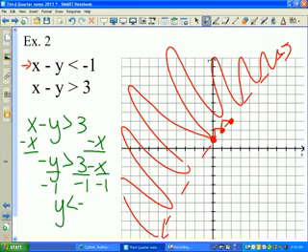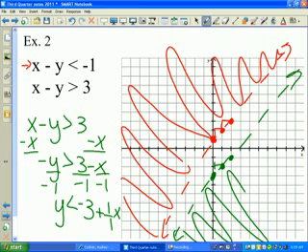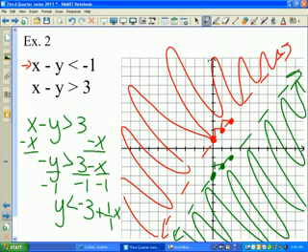That's causing me to flip my sign. Then I'm starting at -3. Then I go up 1, over 1, up 1, over 1. Drawing again a dashed line. And since I had to flip that sign, it's less than, so I'm shading the bottom.